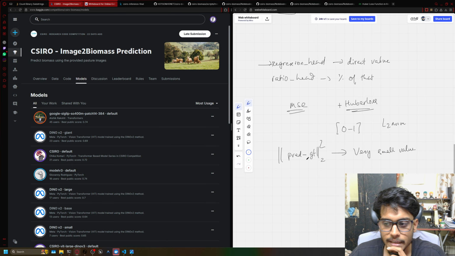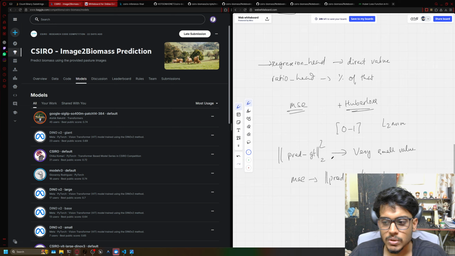So here, instead of squaring the error, I should simply remove the square, and I should only trust an MAE kind of structure, where pred minus GT gives me the error. So basically it's an L1 norm here.